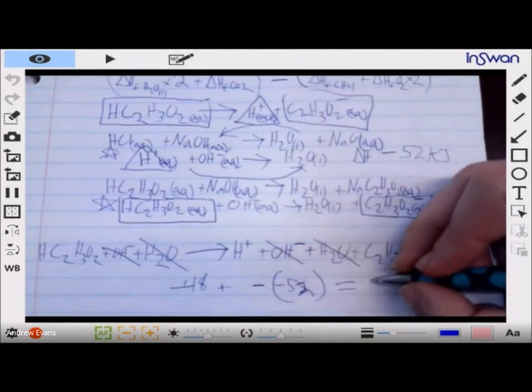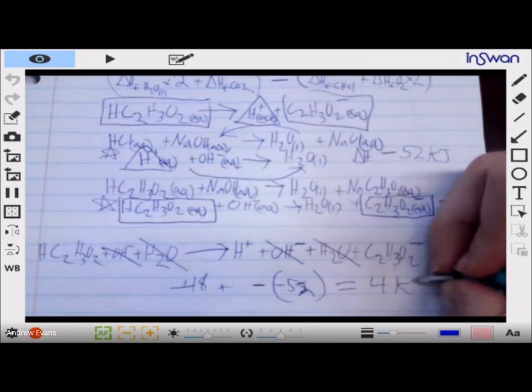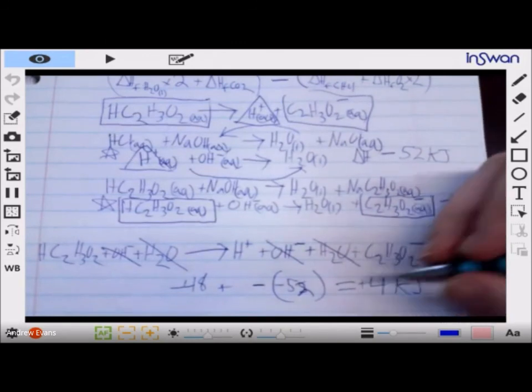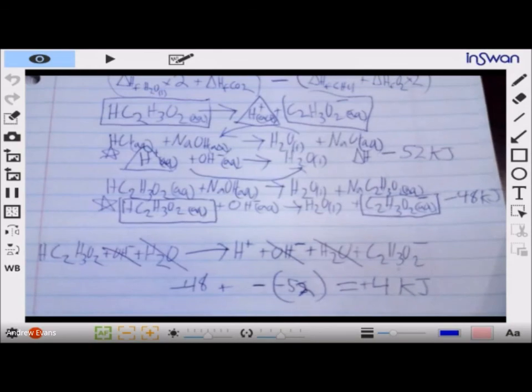In this particular problem, you would have positive 4 kilojoules as the result. So Hess's law says whatever I do to one equation and the other equation to get the third equation, I do to the delta H's, and I can find the delta H. That's essentially what you have to do, and that's what Hess's law states in one way or another.